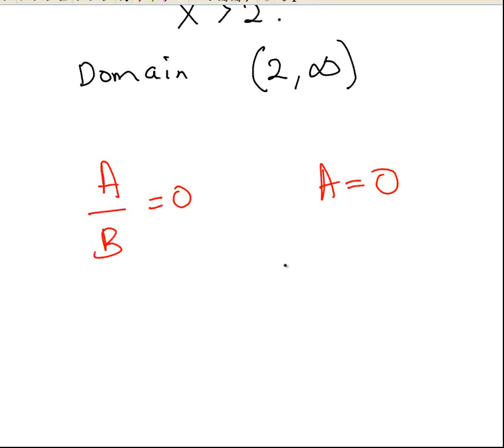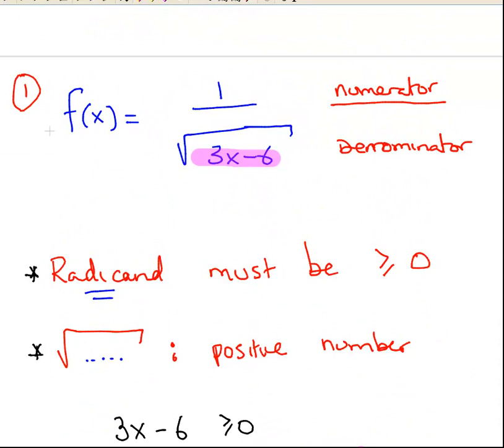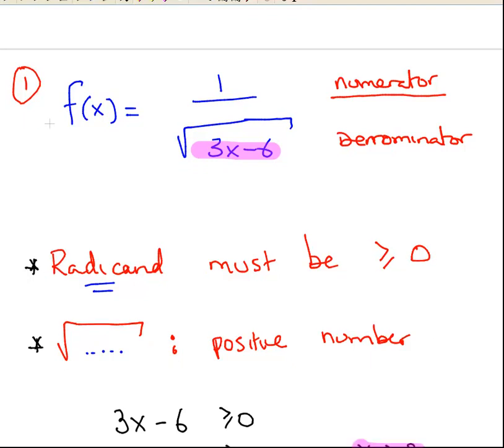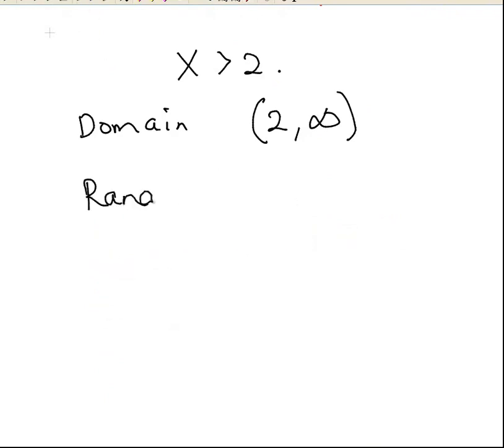In this case, the numerator 1 is not 0, so we can't get an outcome of 0. So we can get any positive number, we can't get a negative number, and we can't have 0. So anyway, the range is 0 to infinity. And again, we can't have 0 there. So 0, the round bracket means anything greater than 0, but not 0.